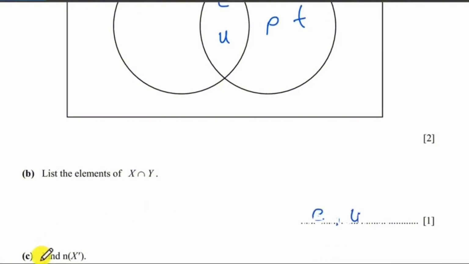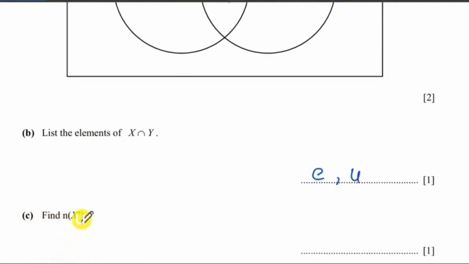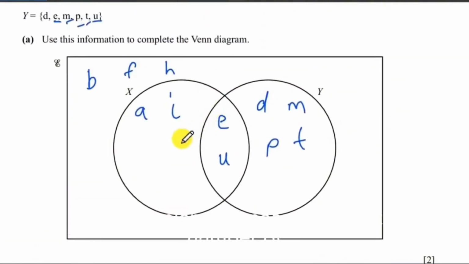Find the number of elements in x complement. So x complement means all the elements which are not found in the set x. So we're going to exclude a, i and e, u. So what we're going to be left with is everything else outside there. So it's going to be b, f, h.